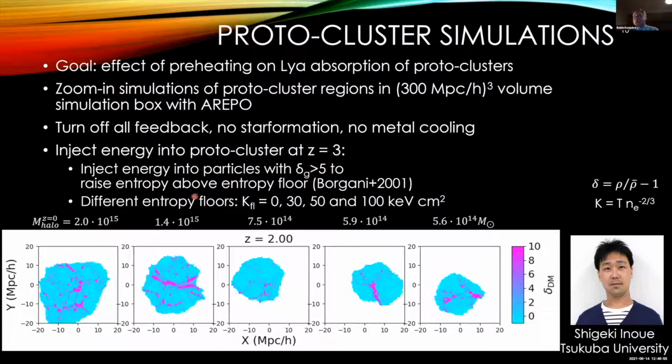If their entropy is below a certain floor value, and we chose 4 different ones, then the temperature of the particle will be raised to get to that floor level. So the entropy in this case is defined as temperature times the electron density to the power -2/3.